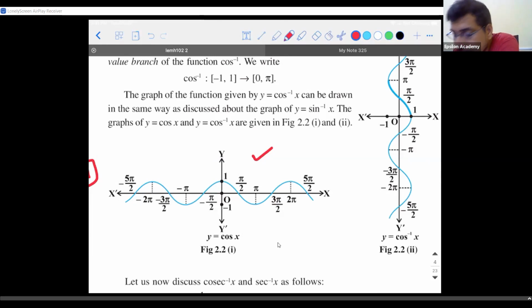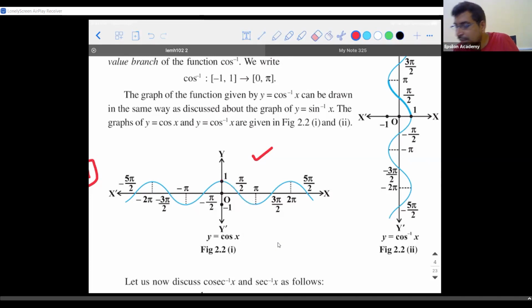So in the previous case, when I restricted the domain, I restricted it from -π/2 to π/2. Here, I will not restrict it from -π/2 to π/2. Rather, we will restrict it from 0 to pi. The sole reason being that cos x is an even function. An even function is symmetric about the y-axis.